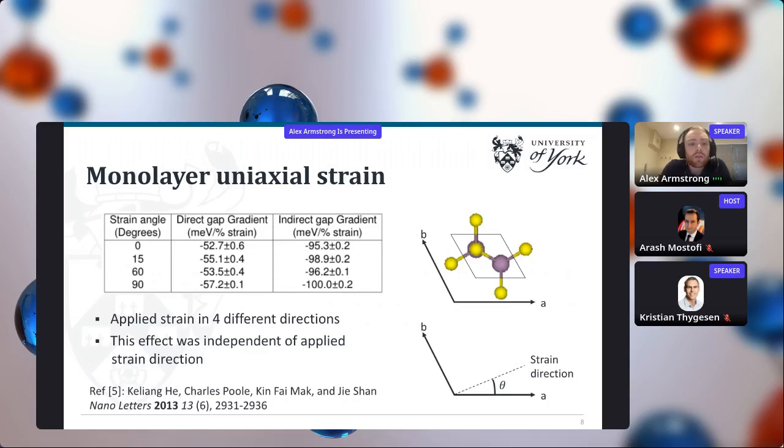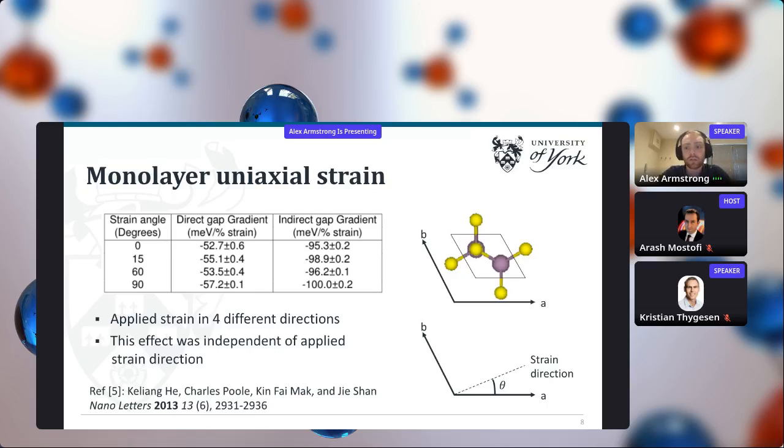So here we have a table just summarizing the different directions of this strain and how the bandgap gradients changed. Basically, it was very, very similar. All the directions we applied were relatively consistent. The reason we used these different directions was that 0, 60, and 90 degrees are relatively high symmetry directions.